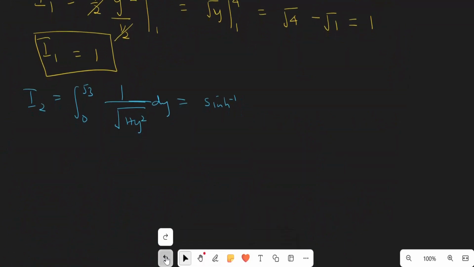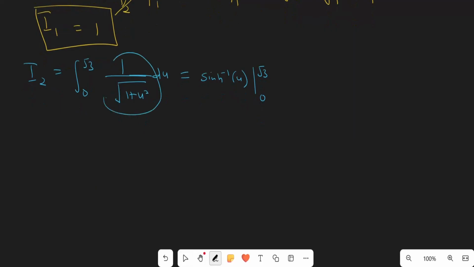Y is the same variable. So this one is 1 over the square root of 1 plus u squared du. So this one is the sine hyperbolic inverse of u. So this is how to integrate this function.